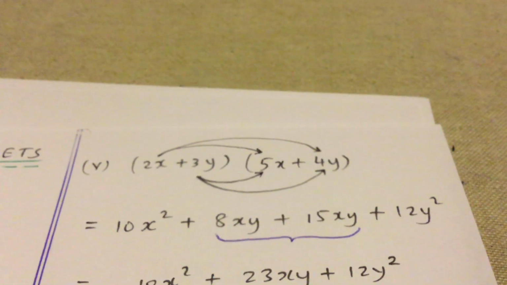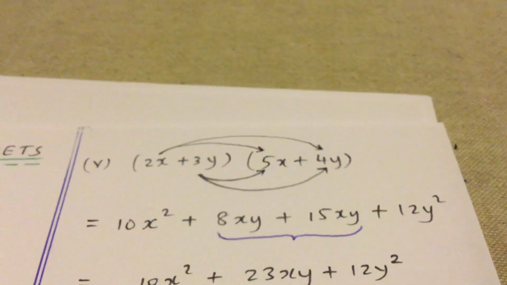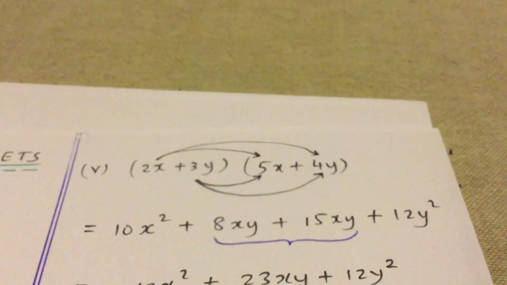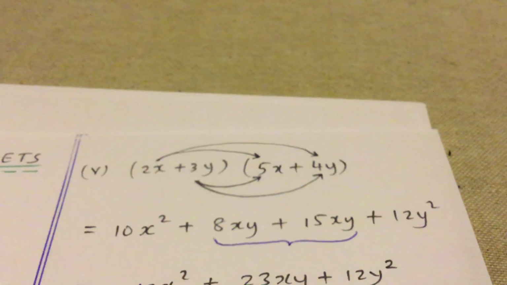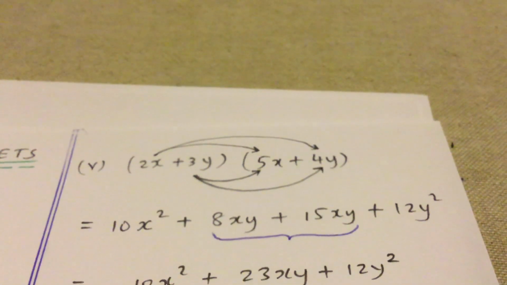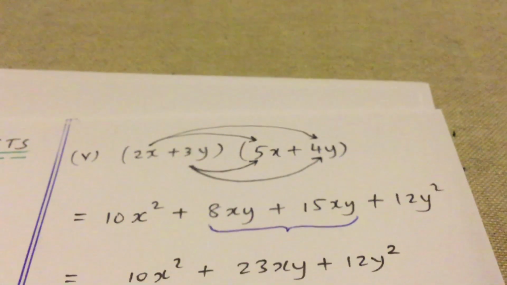Inside is 3y times 5x, so you do 3 times 5, which is 15, and y times x, which you can write as xy as well. So remember, xy and yx are the same, they're like terms, so you can write them in any order. And last will be 3y times 4y, so 3 times 4 is 12, y times y is y squared, so you get 12y squared.